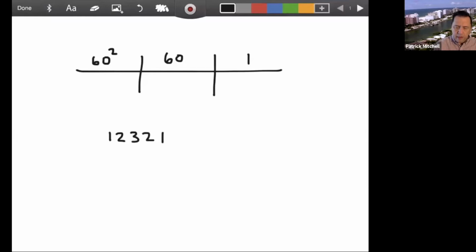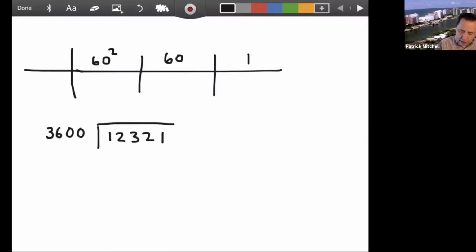Now, if I were to continue my table, another place going this way, the next place value would represent 60 cubed. 60 cubed is bigger than 12,321, so I don't need any of those, but I do need to know how many times does 3,600 go into 12,321.